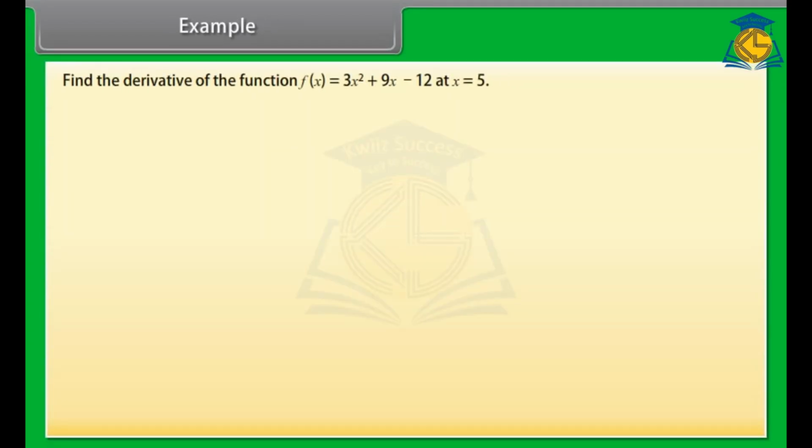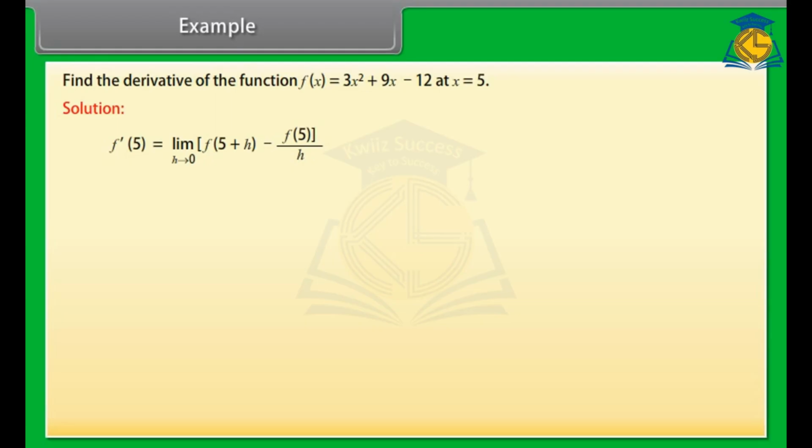Example. Find the derivative of the function f of x is equal to 3x square plus 9x minus 12 at x is equal to 5. Solution. f dash of 5 is equal to limit h tends to 0 of f of 5 plus h minus f of 5 by h.